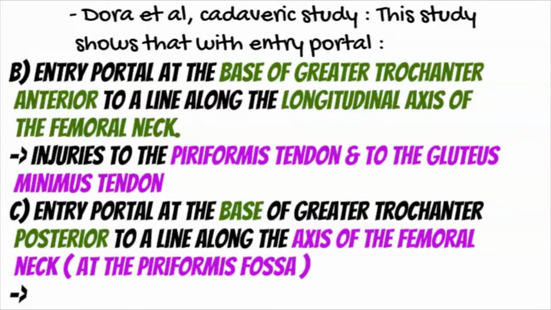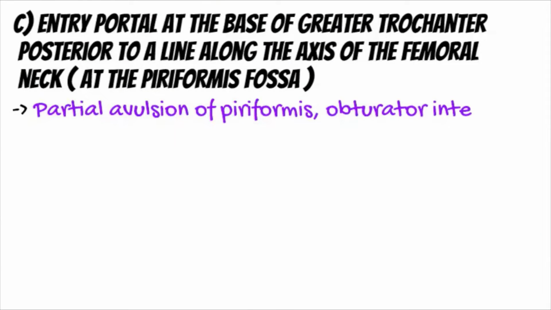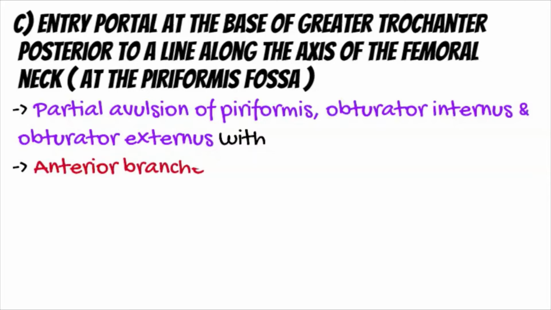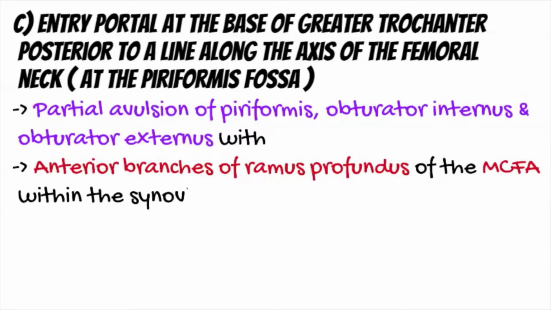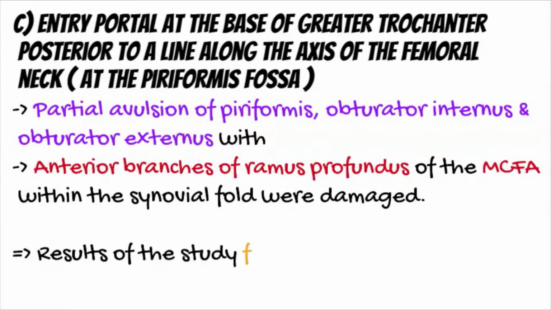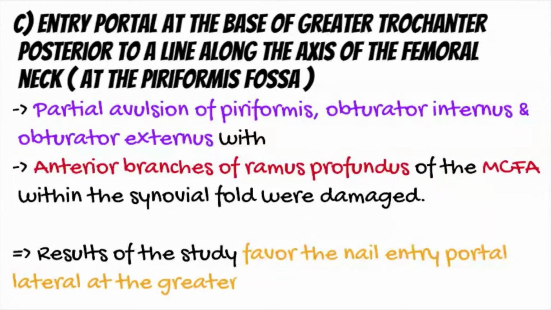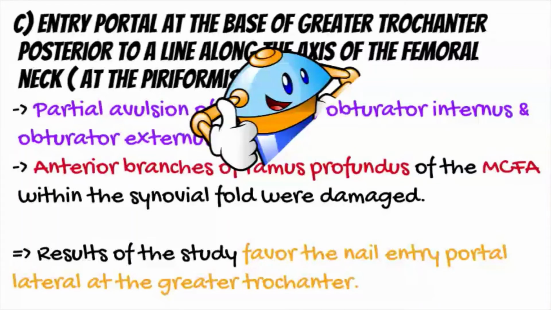C, an entry portal at the base of the greater trochanter but posterior, to align along the axis of the femoral neck at the piriformis fossa, will cause a partial avulsion of the piriformis, obturator internus, and obturator externus, and the anterior branches of the ramus profundus of the medial circumflex femoral artery (MCFA) within the synovial fold will be damaged. The result of this cadaveric study favors the nail entry portal lateral at the greater trochanter.